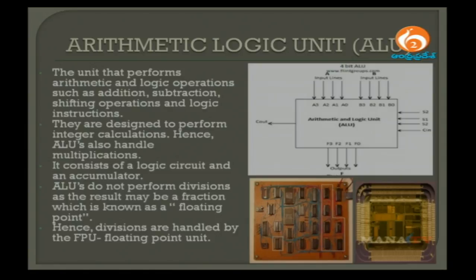In the arithmetic logic unit itself, there is a basic component or a chip which does the floating point unit, that is simply called divisions. Right. So the divisions are basically handled by the floating point unit, which helps you in giving the instructions every time to your computer.